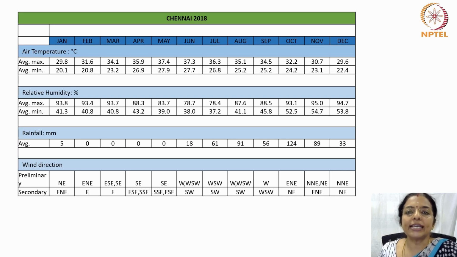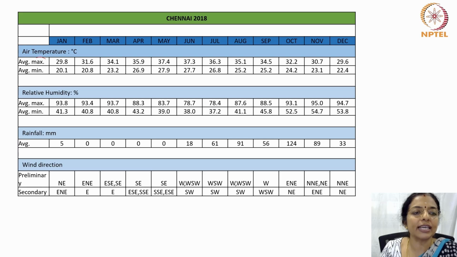For this demonstration, we will be using the climate data for Chennai city, which is the state capital of Tamil Nadu in India. It has a warm and humid climate, and the climate parameters required for Mahoney's tables are the monthly average minimum and maximum air temperature.